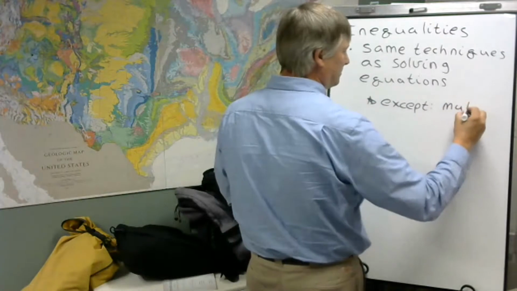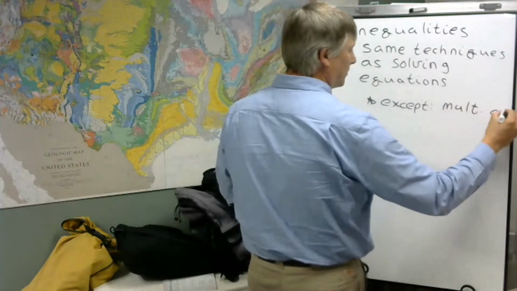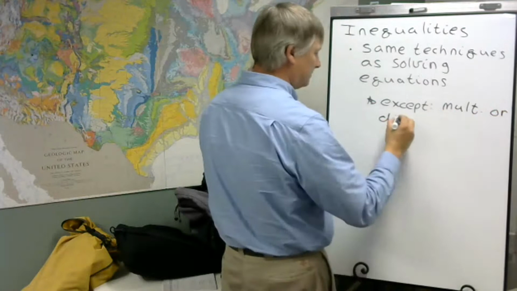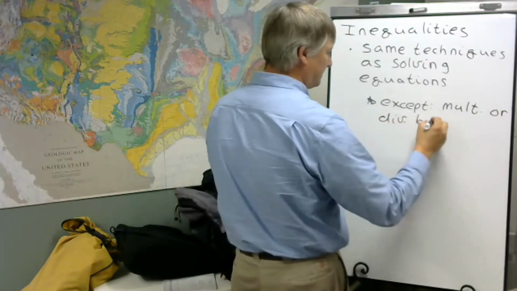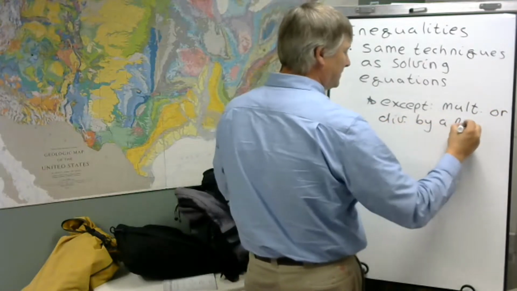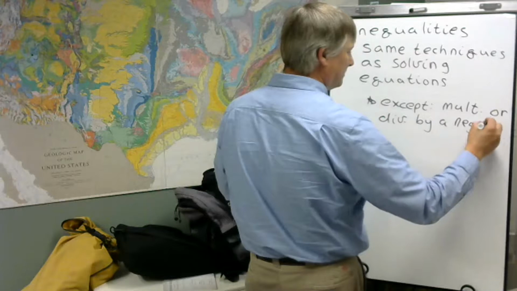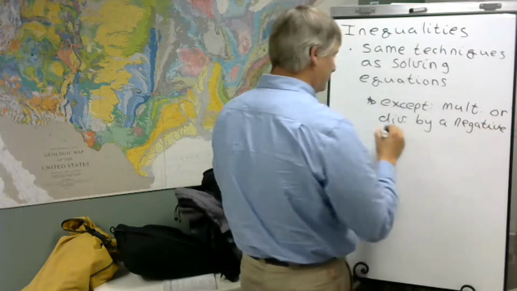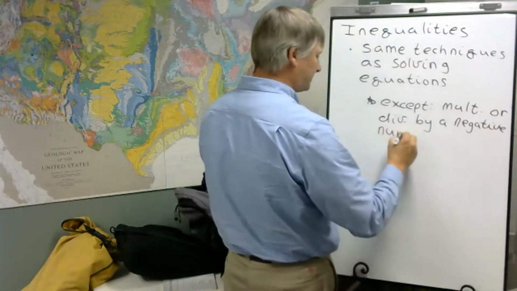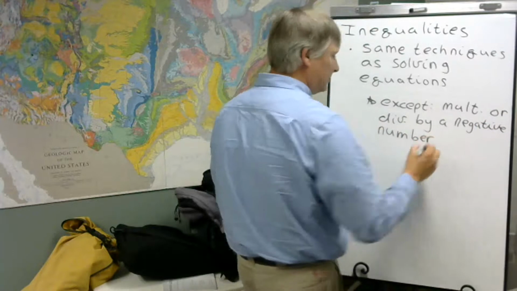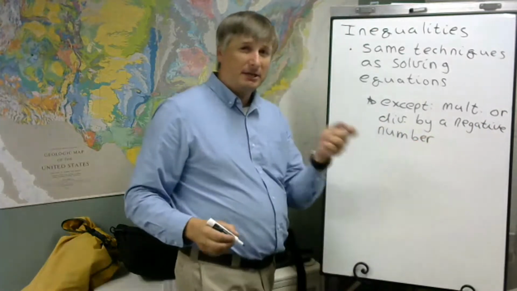Multiplication or division by a negative number flips around the inequality sign.